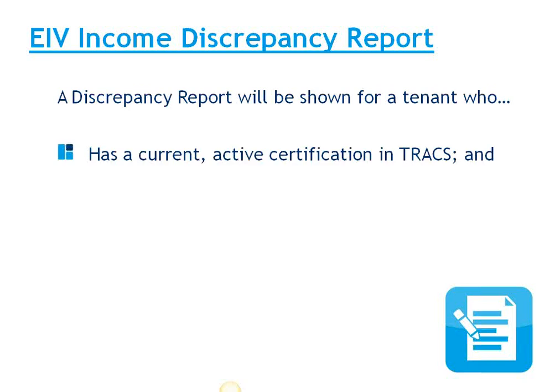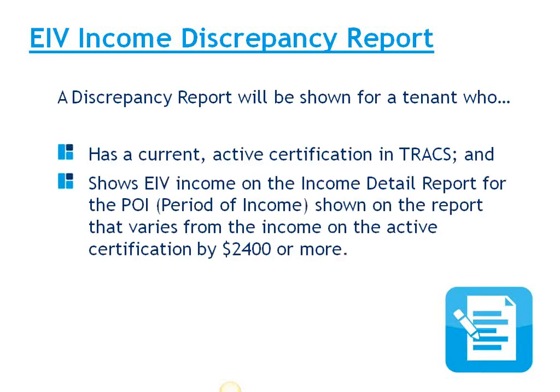When you get an income discrepancy report, it's not because it's Monday afternoon and you've had a rough day. There are triggers for why you get an income discrepancy report. And when you get a discrepancy, it is because the active cert in tracks has a particular income amount on it for EIV recognizable income.